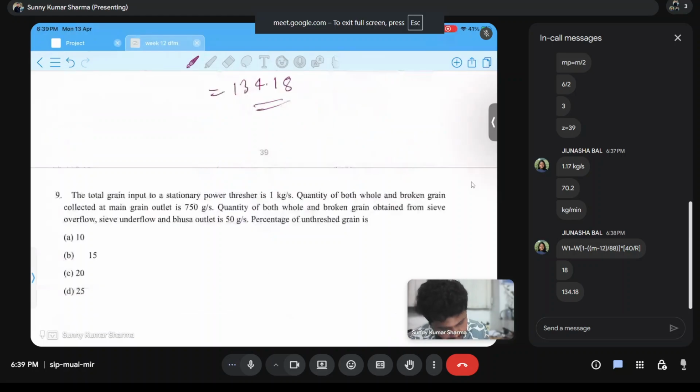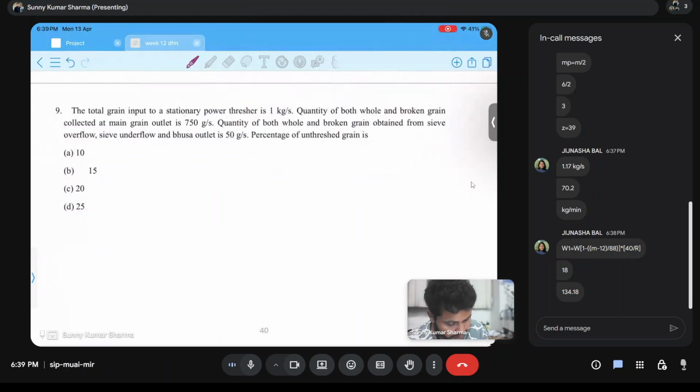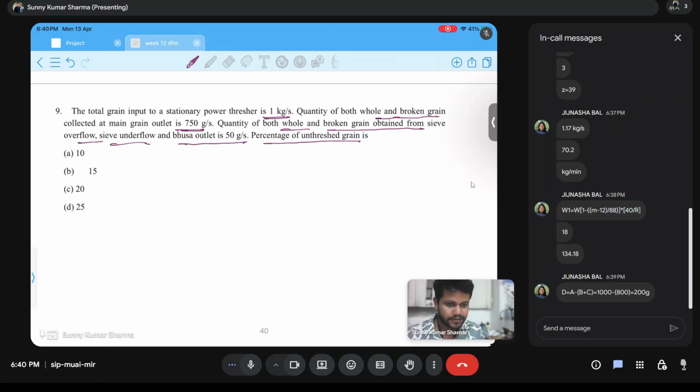The next question is, a total grain input to a stationary power thresher is 1 kg per second. Quantity of both whole and broken grain collected at main grain outlet is 750 gram per second. Quantity of both whole and broken grain obtained from sieve overflow, sieve underflow and bhosa outlet is 50 gram per second. We are asked percentage of unthreshed grain.